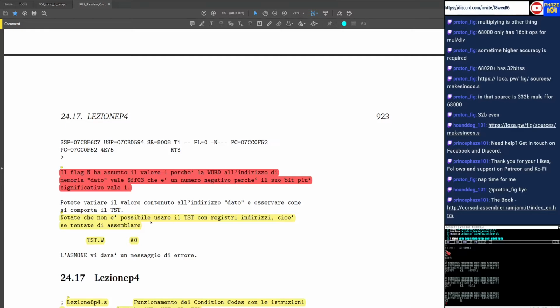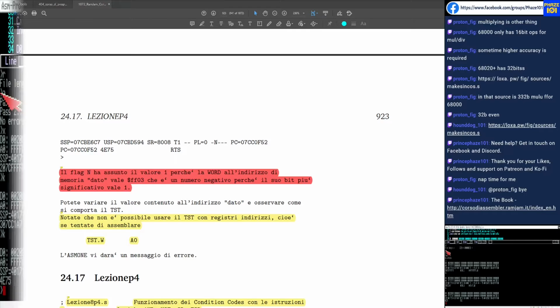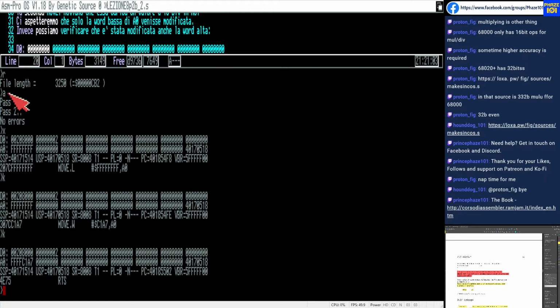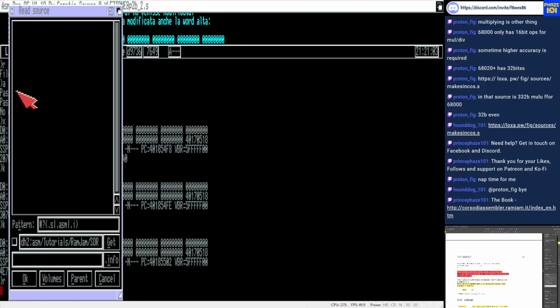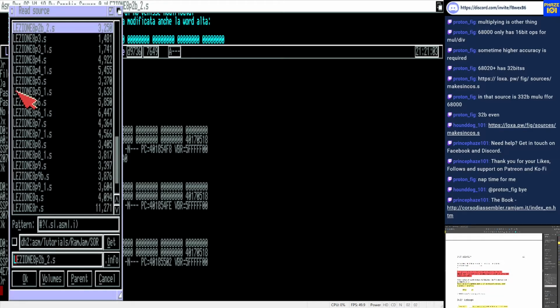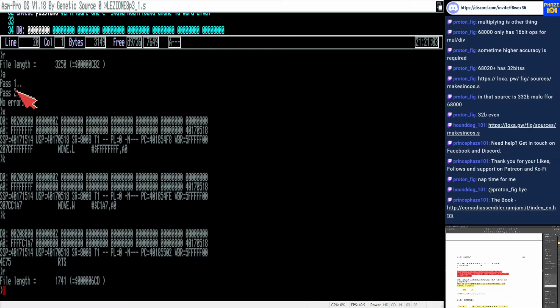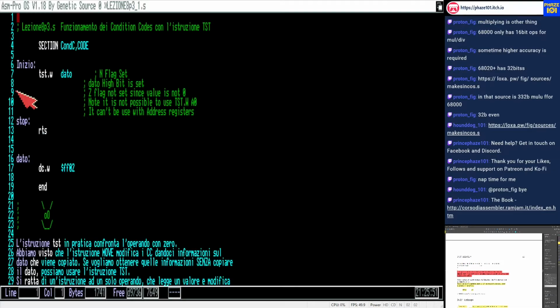So when we run the next example, sorry, I need to switch to the Amiga. And read the next example, 31. We see that we're going to test data.